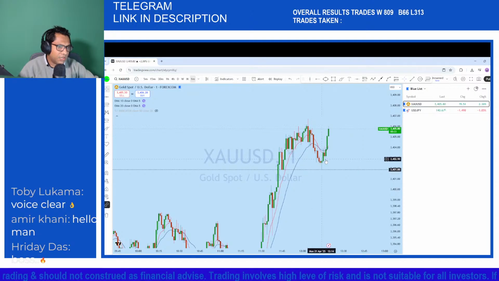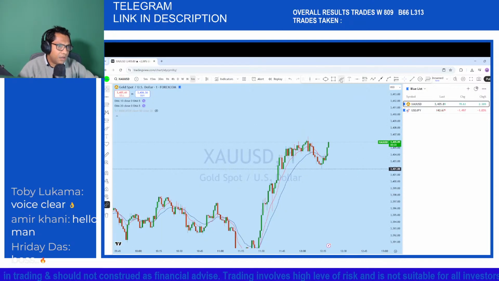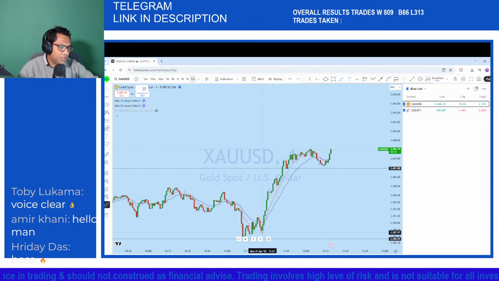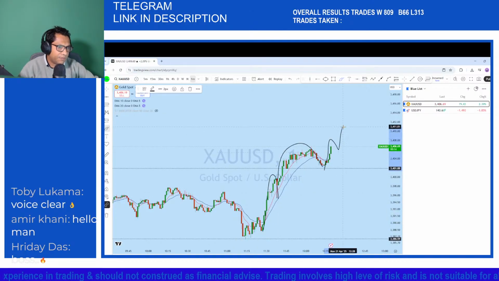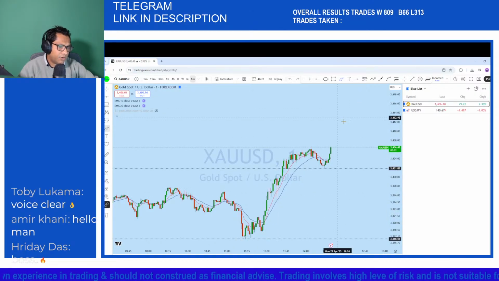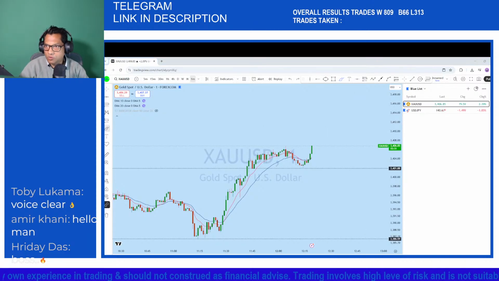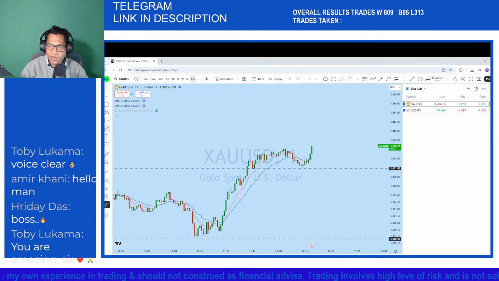So here is what we can see on the lower time frame, with this move followed by this pullback, another move, deeper pullback, expecting the market to trend back to the upside. We'll see where it might be heading to.